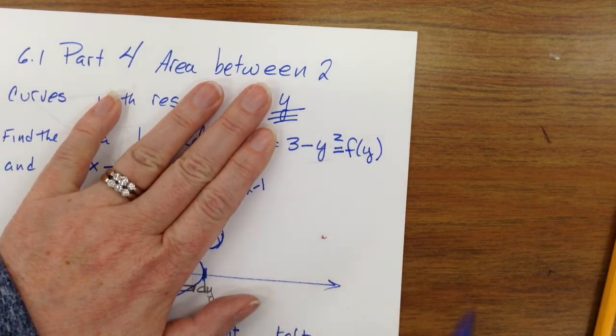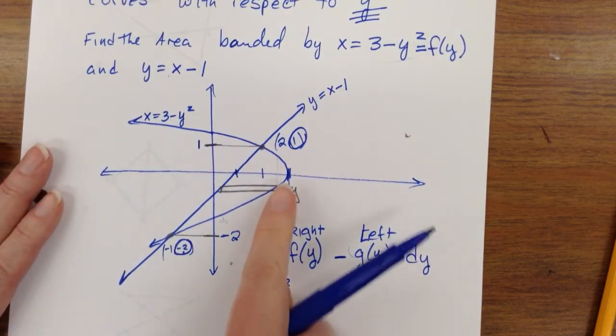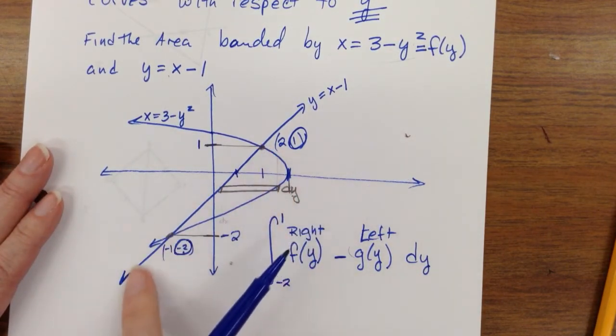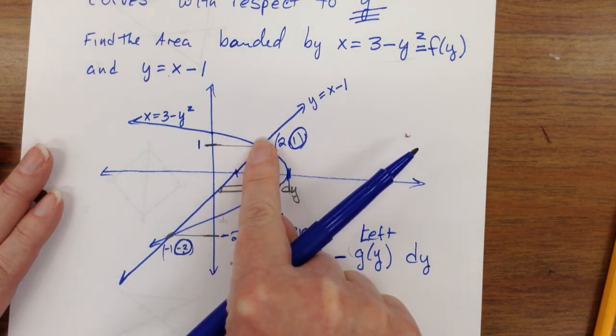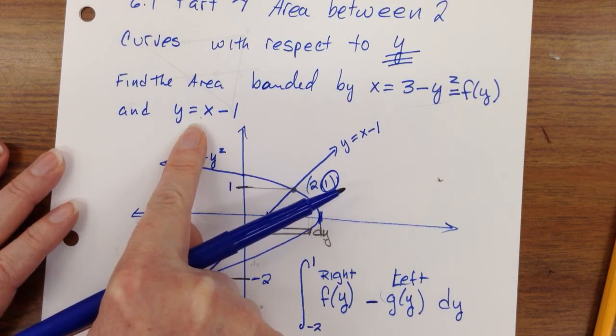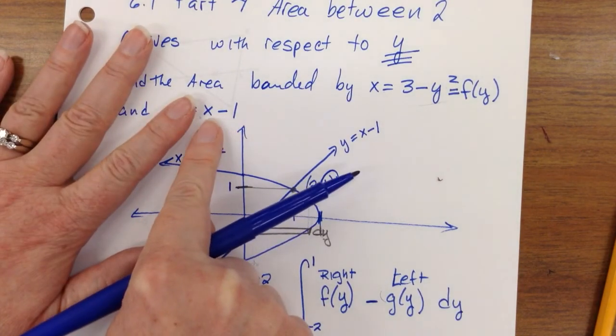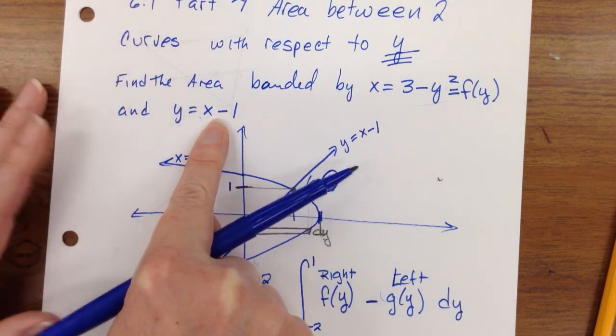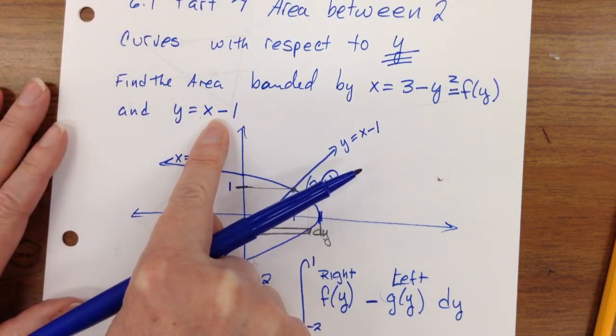Okay, what about the left curve? Our left curve is going to be this line. This will be the g of y curve. But there's a small problem. This function is not defined as a function of y, it's in the variable of x. Yeah, but we took Algebra 1 and we can rearrange this.